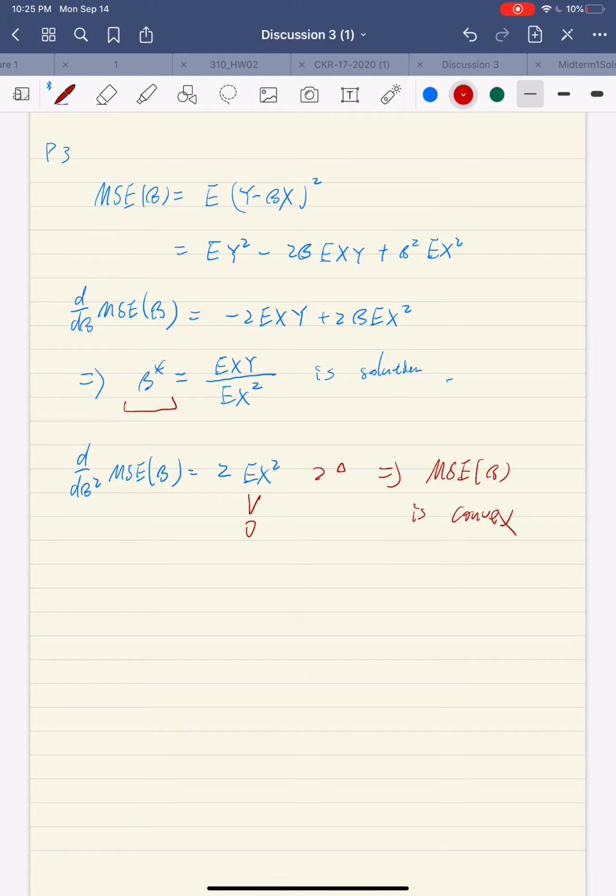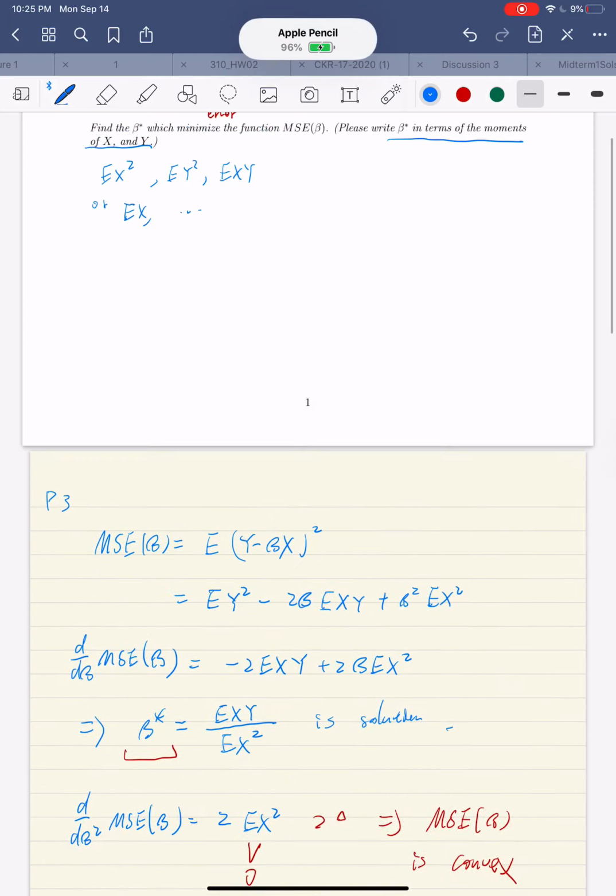So the solution of the first derivative is a local minimum. So the beta star is a local minimum, and we get the solution. Okay, that's all.